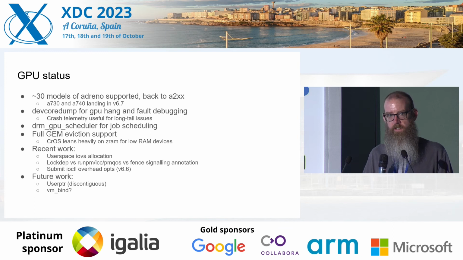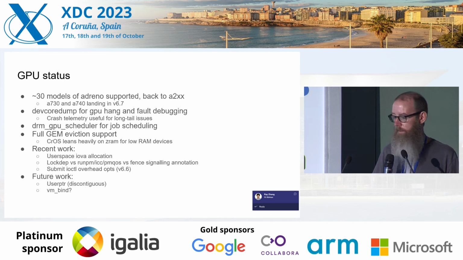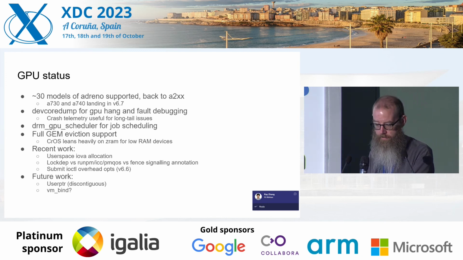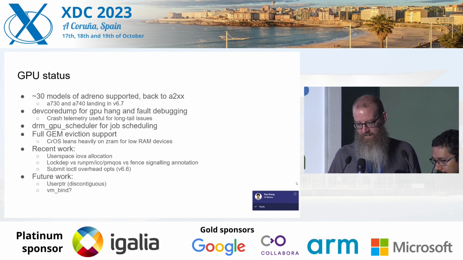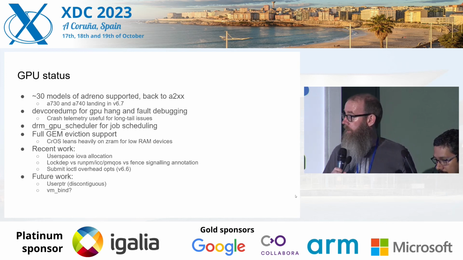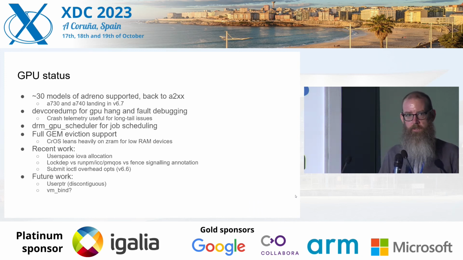So for upcoming work, one thing I'm interested in is a userptr, with potentially a slight twist of not necessarily being virtually contiguous in user space. What that would let us do eventually is allocate memory with guest pages. It is kind of expensive when you're running in a VM to map new memory into the guest.